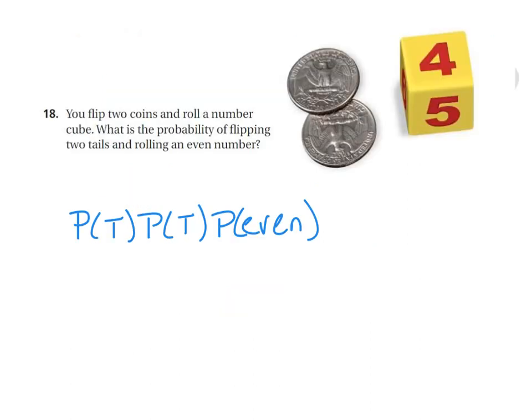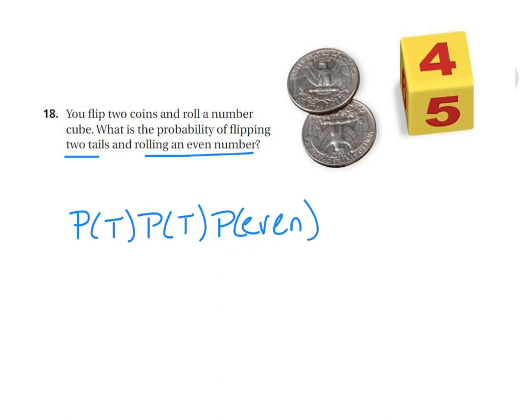All right, the next problem says you flip 2 coins and roll a number cube. What's the probability of flipping 2 tails and rolling an even number? So we break this up into its simple probability parts, which would be what's the probability of first getting a tail, then the probability of getting another tail, and then the probability of rolling an even number on a die.